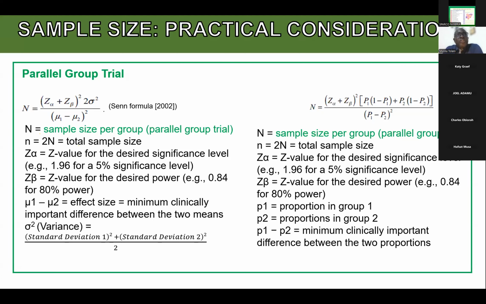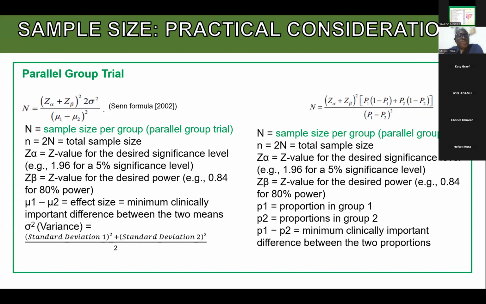To calculate the variance, variance is really the square of the standard deviation. In studies that have just one standard deviation, it can be selected and used in this formula. Now, one thing I would like to highlight, because some of the formulas might look similar, but what they calculate is different.